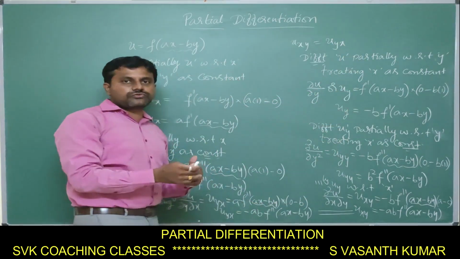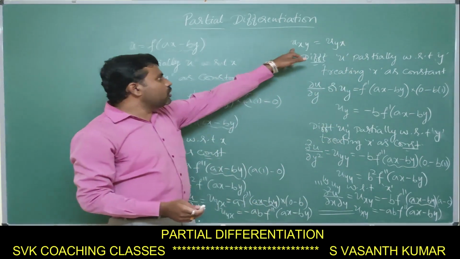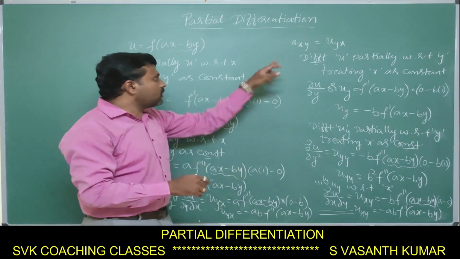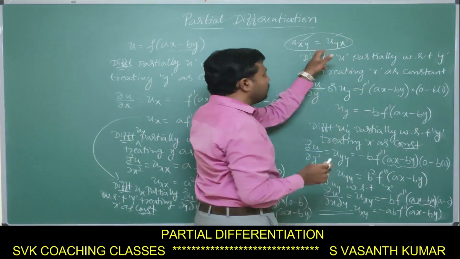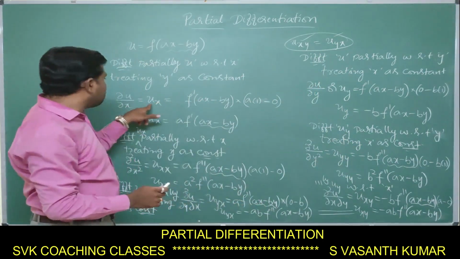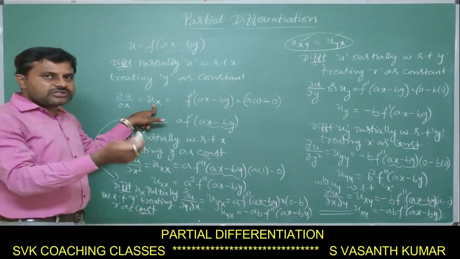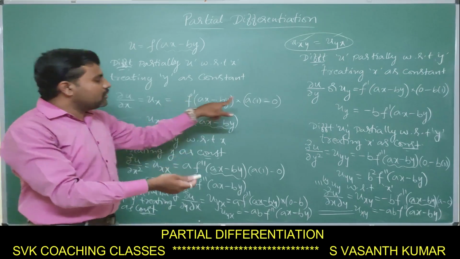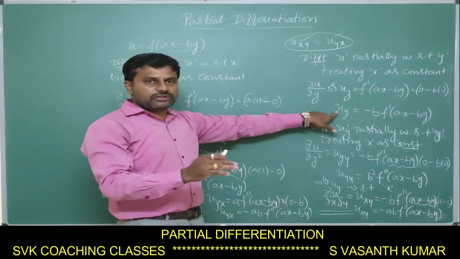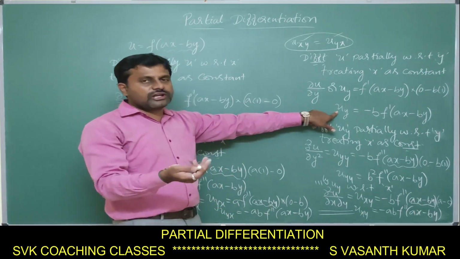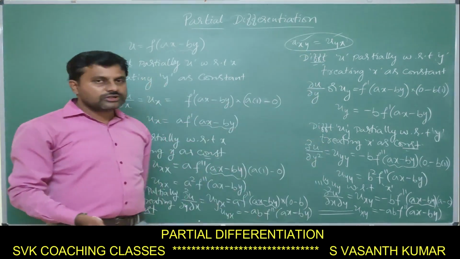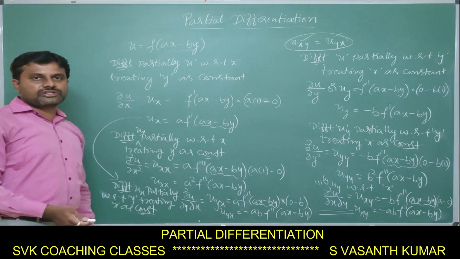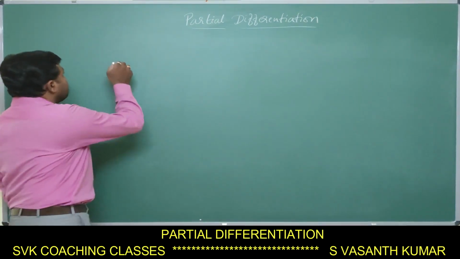So when they ask to find the derivative of ux with respect to y, or whatever the mixed partial derivative, they ask for either one. You can consider ux and differentiate with respect to y, or else differentiate uy with respect to x. You will get the same answer. So this is the concept of mixed partial derivative. Now consider the example.